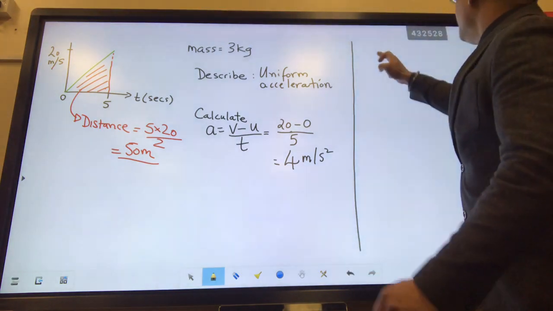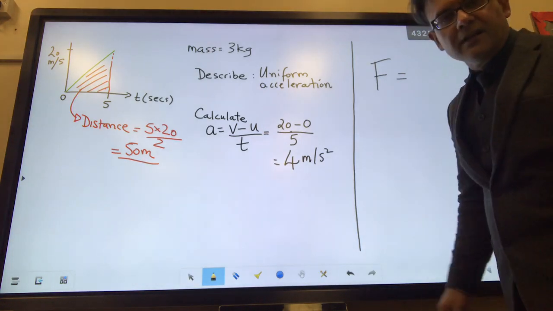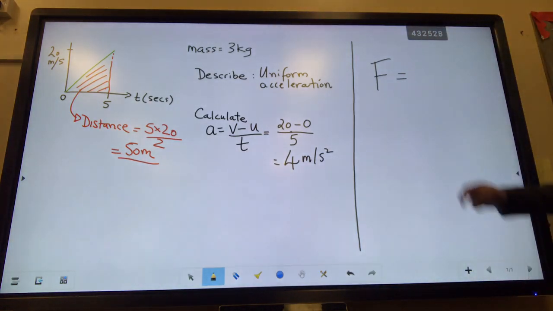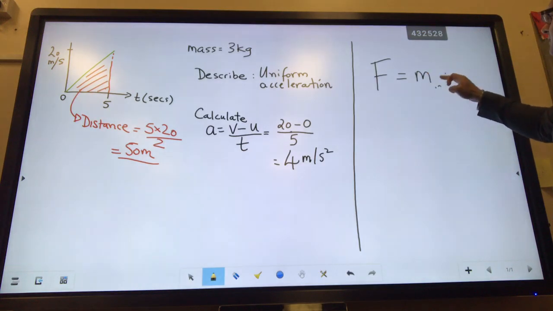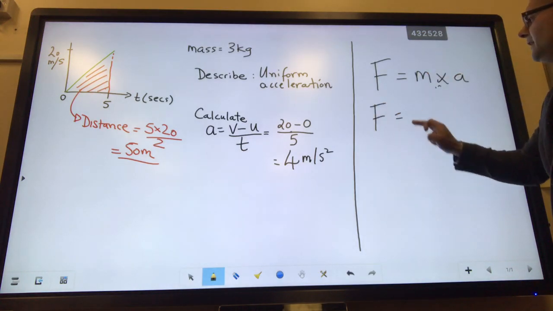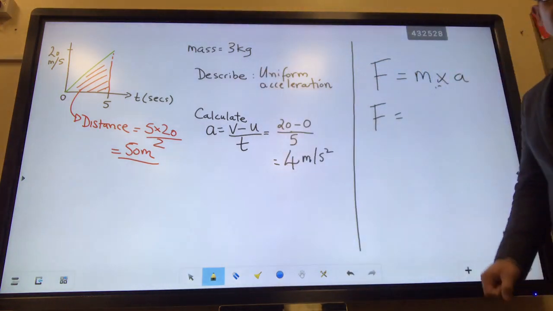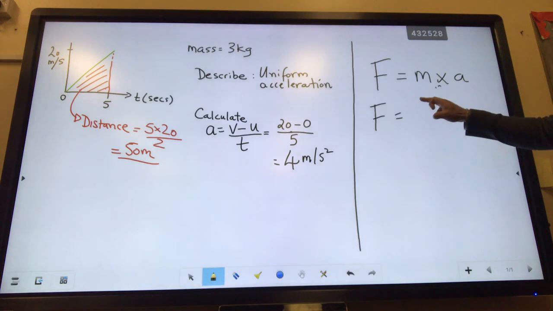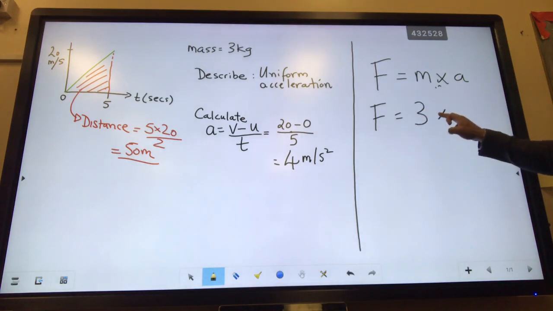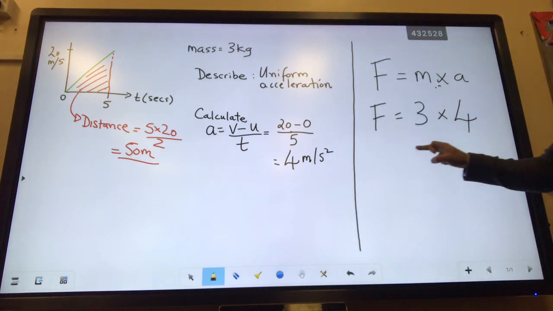We have Newton's second law of motion, which specifies that the force is equal to the mass times the acceleration. The mass is going to be 3 kg, as you can see, and because it's 3 kilograms, you multiply that by the acceleration we worked out, which is 4 meters per second squared.